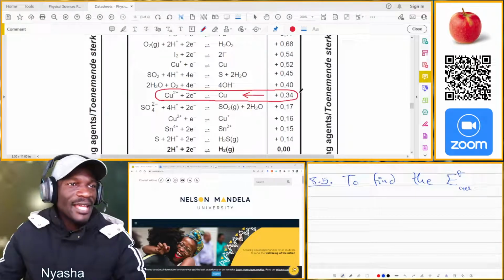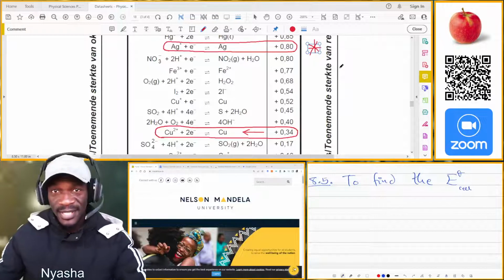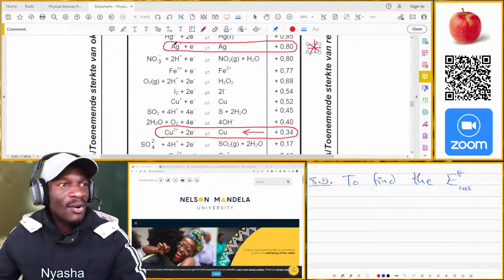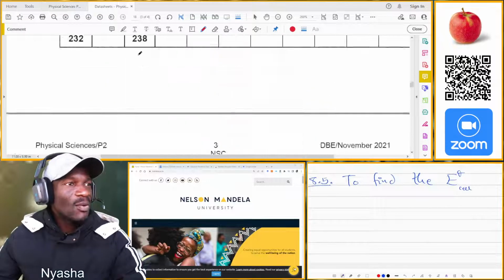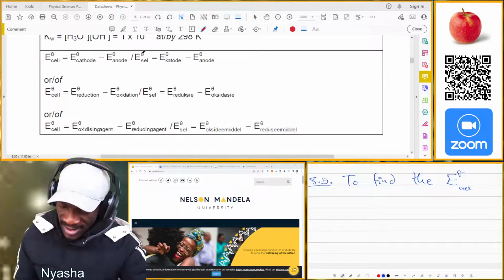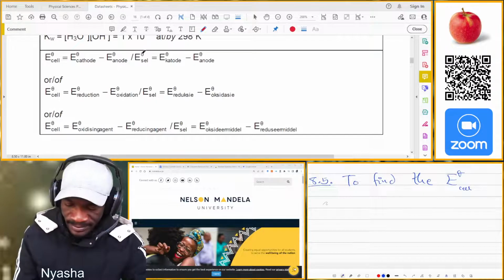Right, there we have our reduction process. This silver is being reduced, isn't it? That's the reduction process. So E reduction is our E for the reduction process, and then minus what? So let's actually write it down, minus E oxidation. So that's our E cell.